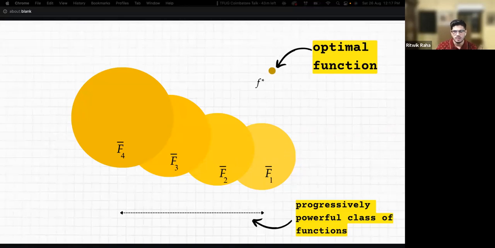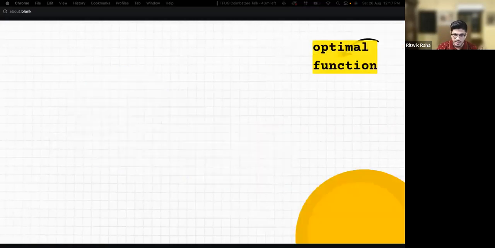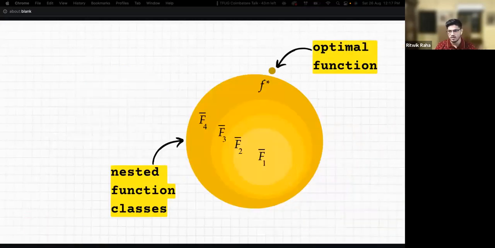So how do we mitigate that problem? One way to mitigate that is nesting the class of functions. So the solution is to nest the function classes as we go forward. In other words, the progressive function classes must contain the original function class in some respect. So f1 bar is contained within f2 bar, and f3 bar is contained within f4 bar.